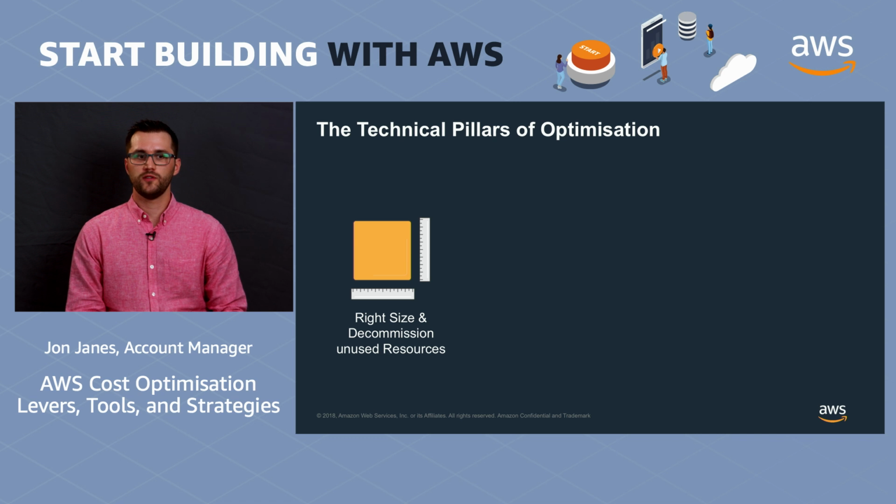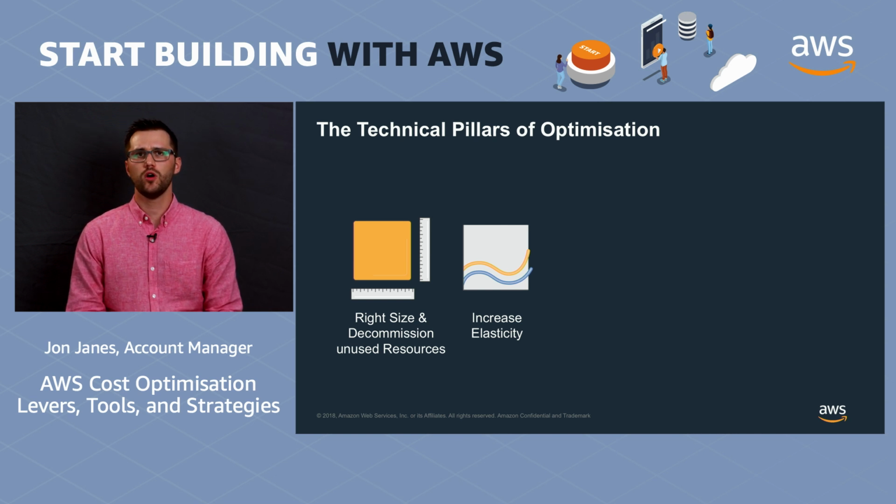As we go through left to right here, after right-sizing, the next area that you'll typically take a look at is how do you increase elasticity? We look at elasticity in the AWS platform as having dynamic workloads that can scale up or down based on that workload's requirements. So I'll walk you through some mechanisms that you can use to increase elasticity, which will help you cost optimize your AWS workloads.